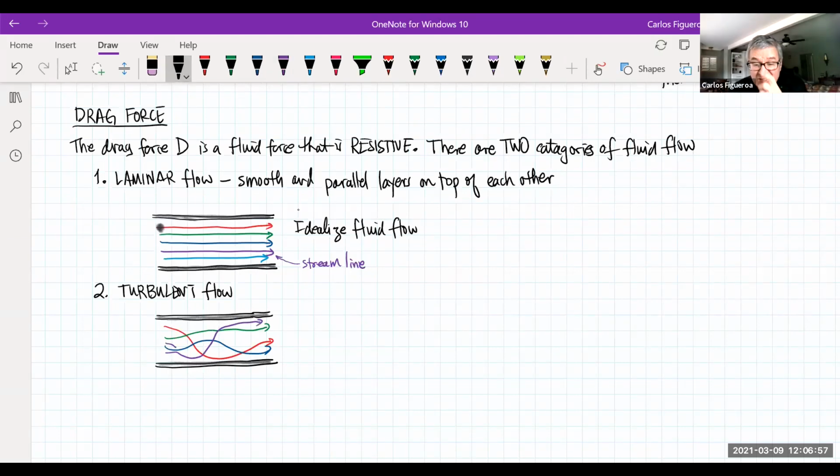So we say these streamlines are chaotic and extremely difficult to solve. You typically have to use these very gnarly equations called the Navier-Stokes equations.